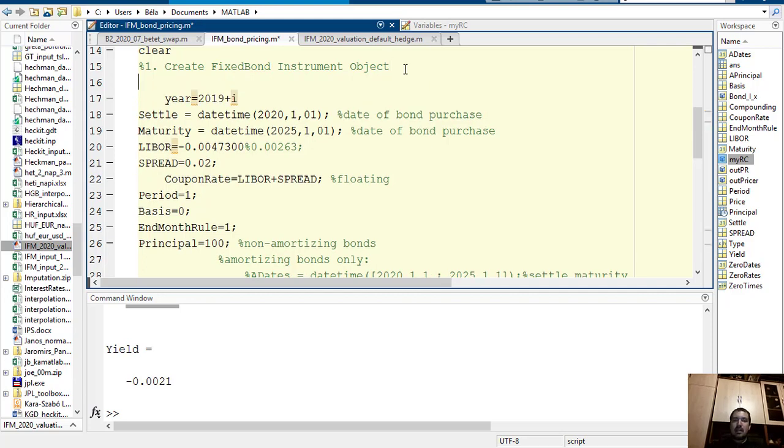Let's make a for cycle to see what is happening when we are approaching the maturity of the bond. So what is happening with the price? No, it can be 4, 5. Yeah, it will be good.